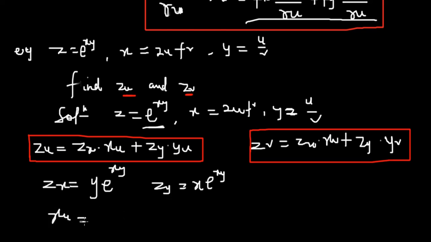Now let's find xu, okay, let's find xu. So now we know that this is x, okay, this is our x, which is 2u f v. This is f of v, okay, keep that in mind. So we are partially differentiating with respect to only u. So when you partially differentiate with respect to u from here, you end up with 2, okay, you end up with 2. This is f of v. Keep that in mind.